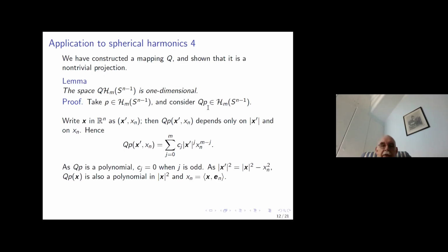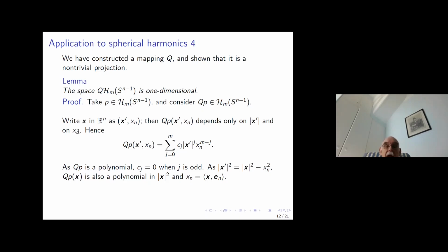So here's the first step. If I have any vector x in Rn, then I can write it as x prime, xn, where x prime is just x1 up to xn minus 1. So I'm just leaving out the last coordinate and putting it separately. Now, QP of x prime, xn only depends on the length of x prime and on xn.